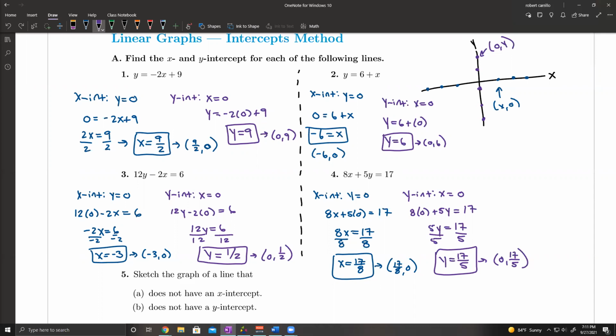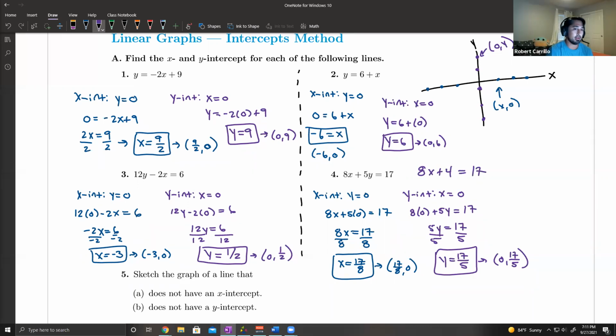Say if there was a 4 there, like 8x plus 4y equal to 17. Then what you would do here is you can only solve for x. So you wouldn't have a y-intercept.